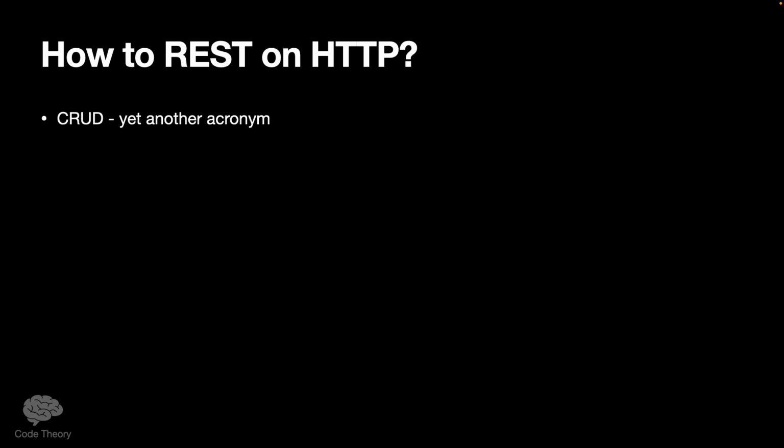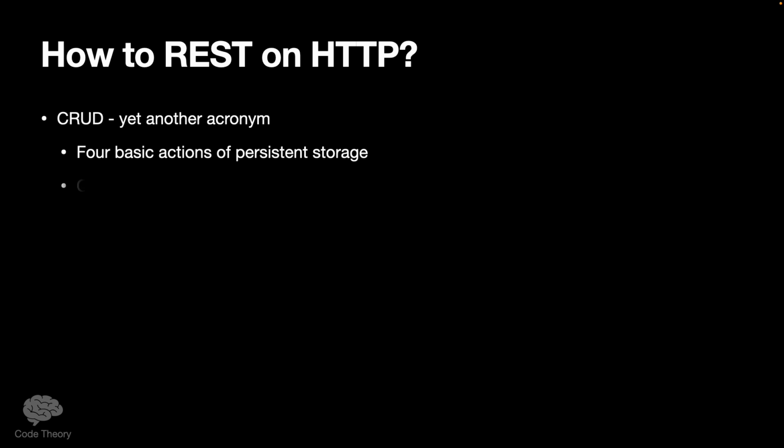So how do we use REST on HTTP? Well, here's another acronym for you, because I've already given you so many. This one's called CRUD. It is for the basic actions of persistent storage. When you have persistent storage, like a database, or just files in a file system on your own computer, there's only 4 things you ever really want to do with those files.